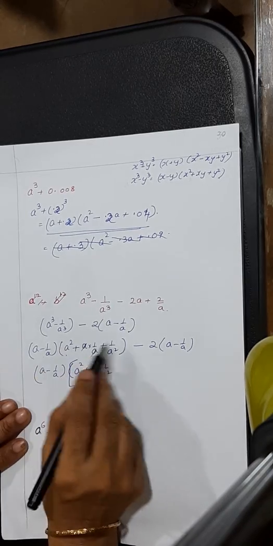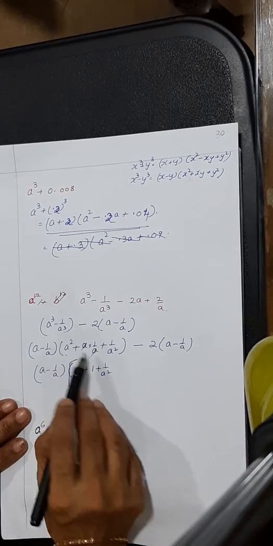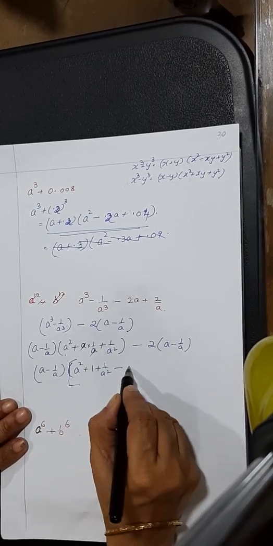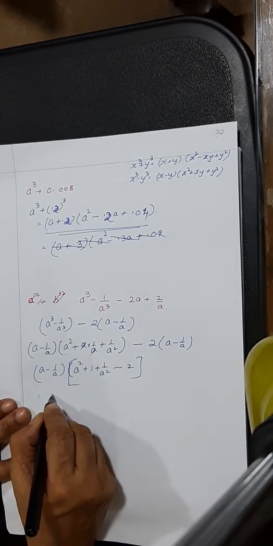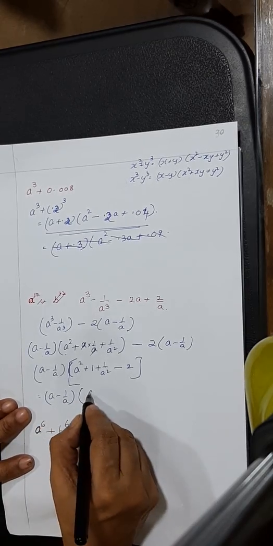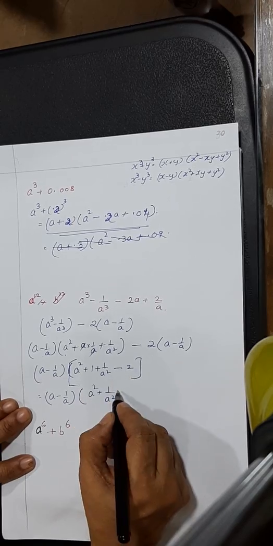This I have taken out from this term. Now, here you are left with 2. A minus 1 by a has gone out. So, this is equal to a minus 1 by a into a squared plus 1 by a squared, 1 minus 2 is minus 1.